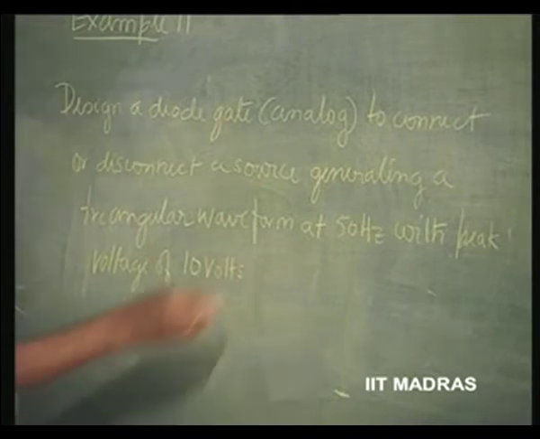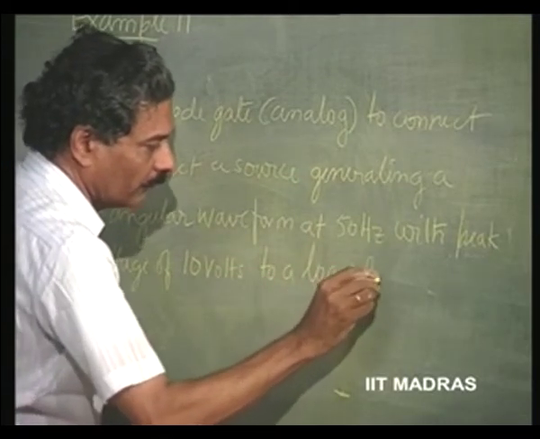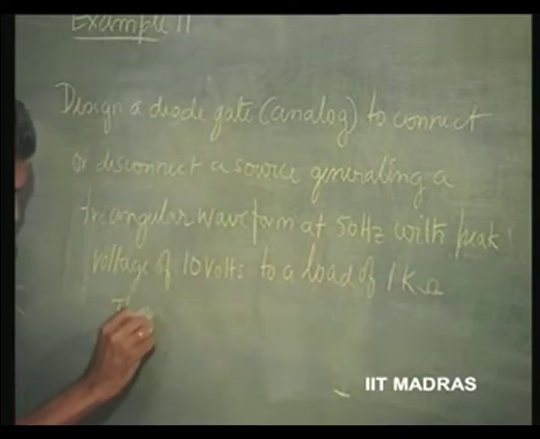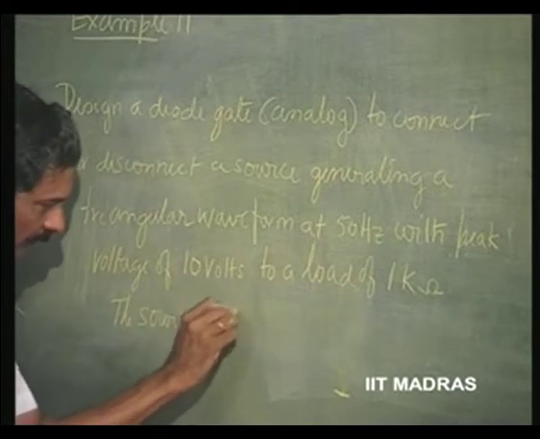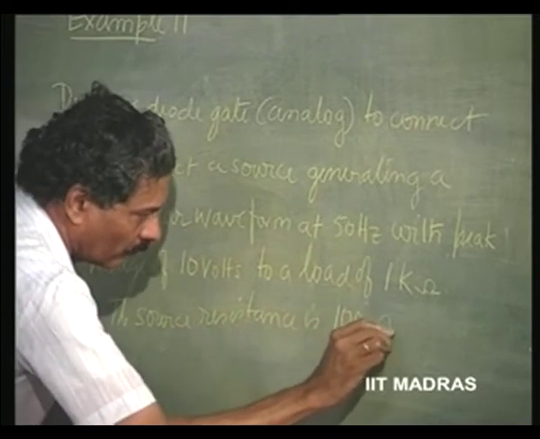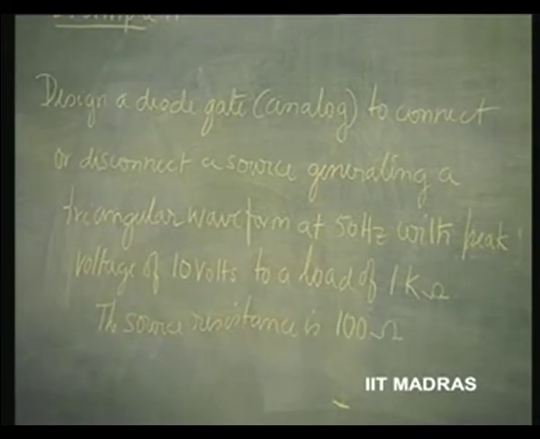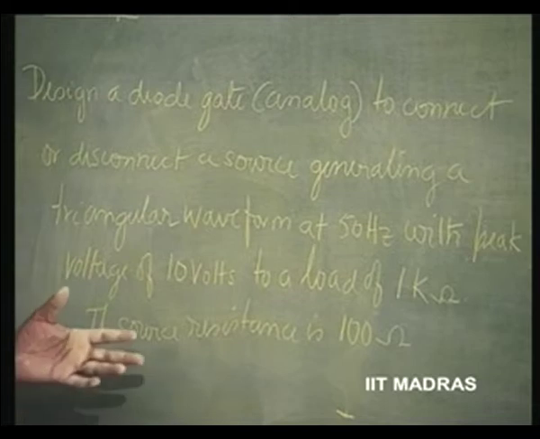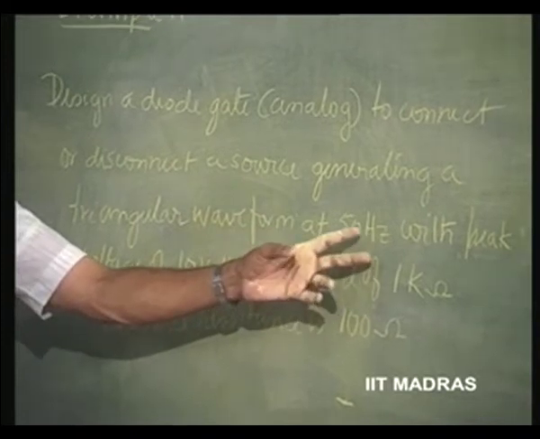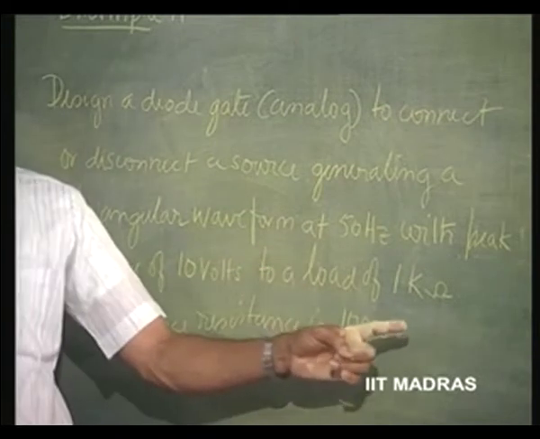So, it is given that to a load of 1 kilo ohm, the source resistance is 100 ohms. So, this gives complete data about how you want a source which is generating a triangular waveform at 50 hertz with a peak voltage of 10 volts to be connected to a load of 1 kilo ohm.